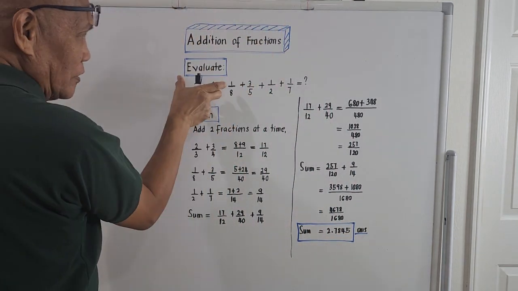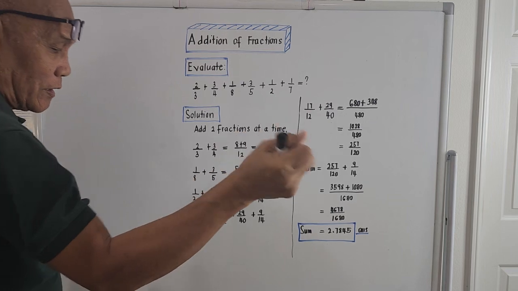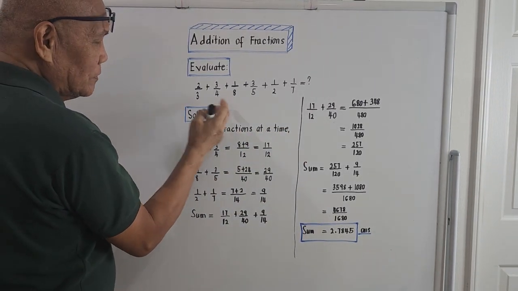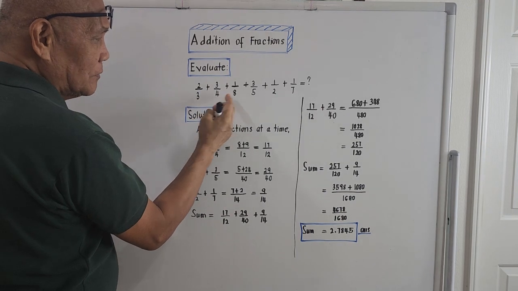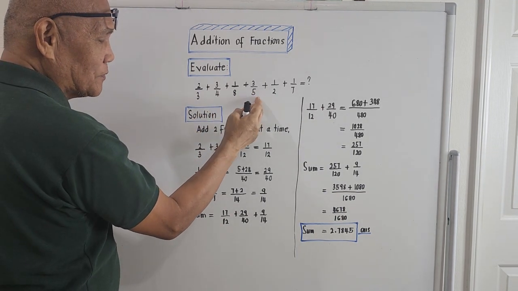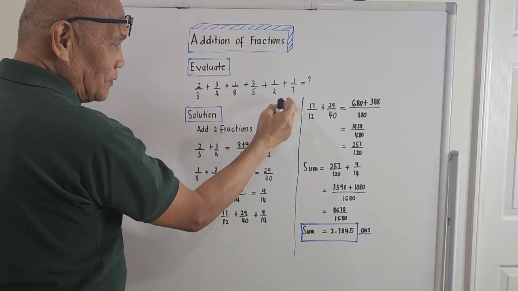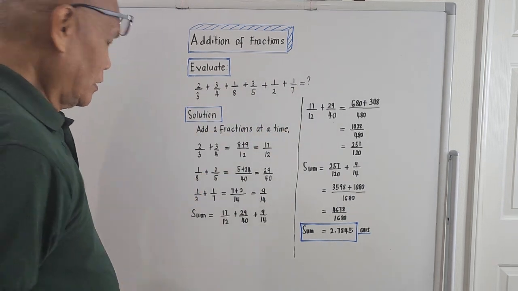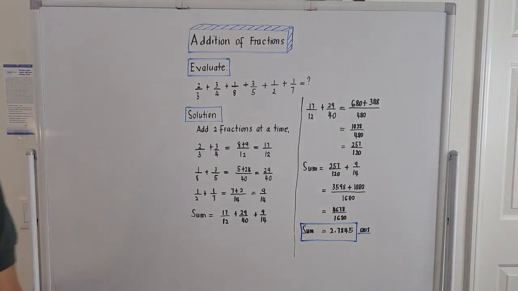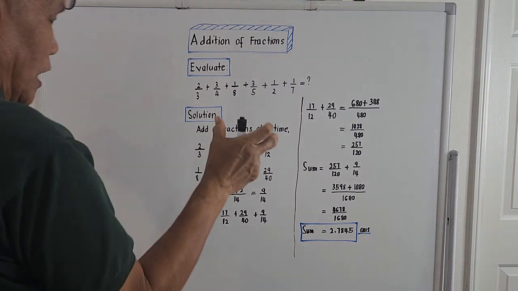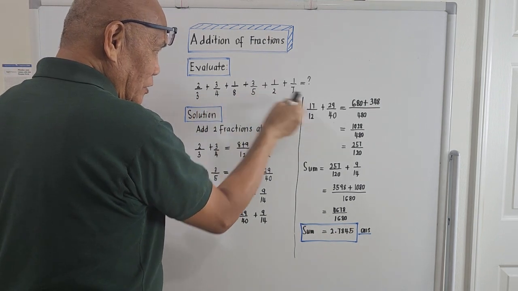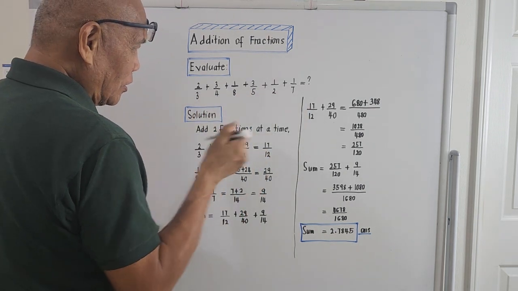Addition of fractions, evaluate. We are given 6 fractions: 2/3 plus 3/4 plus 1/8 plus 3/5 plus 1/2 plus 1/7. And what will be the equivalent of this one? I will compute the value by using the calculator.